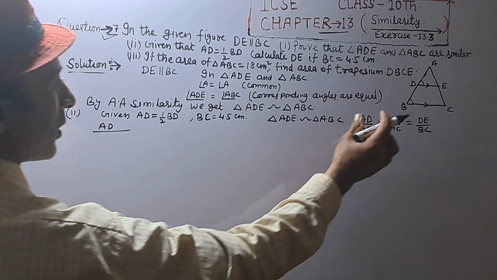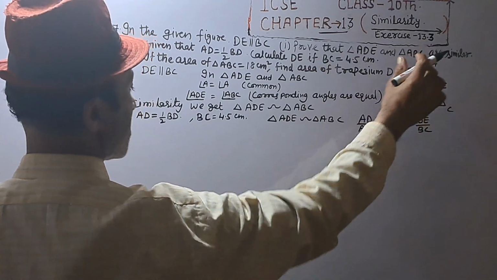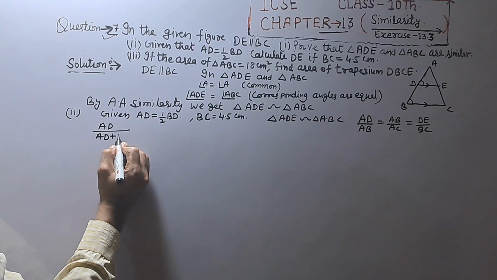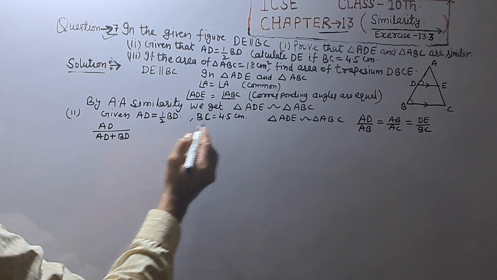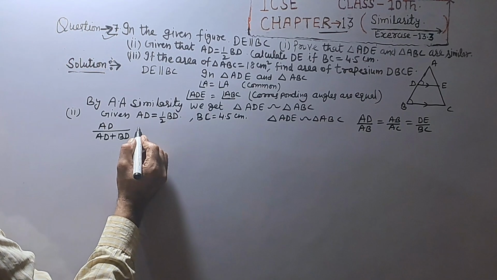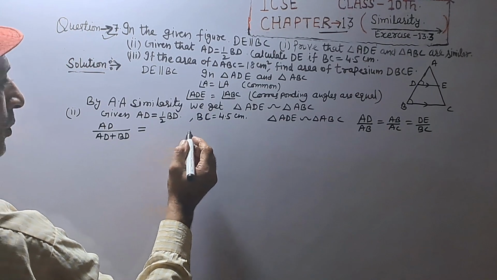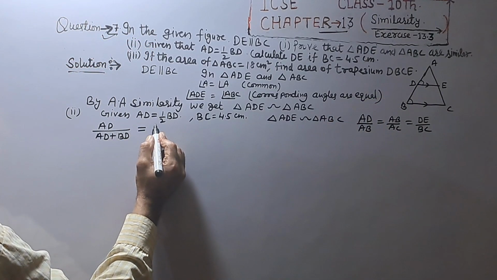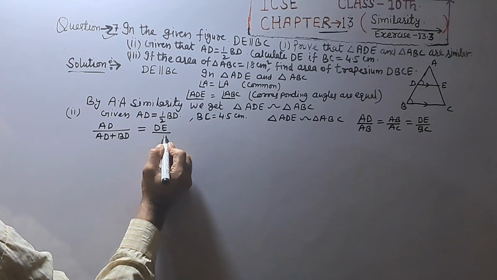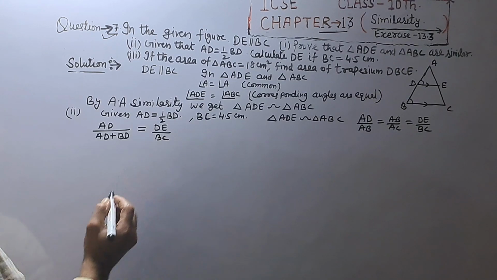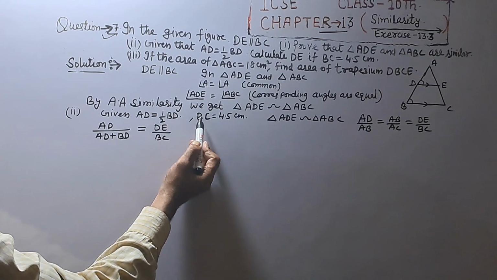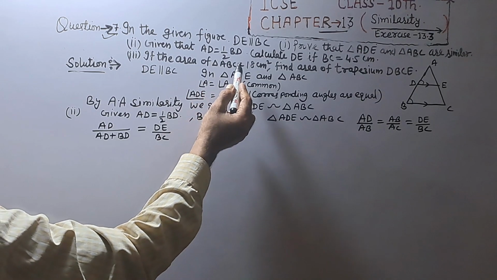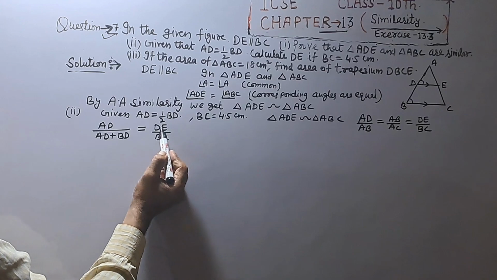AD upon AB is equal to AD plus BD, AB is equal to AD plus BD, that is equal to DE upon BC, and we have given BC and we want to find the value of DE.